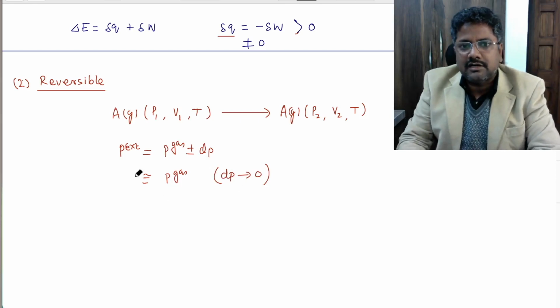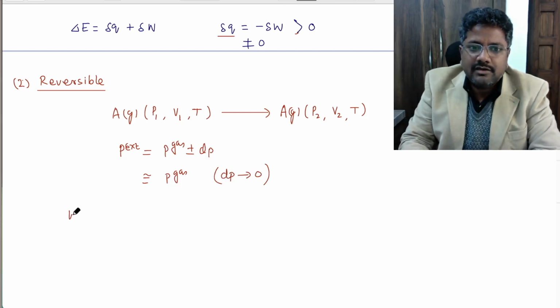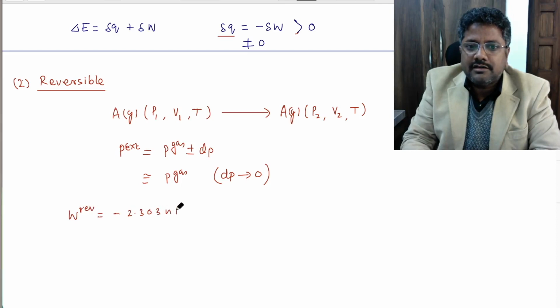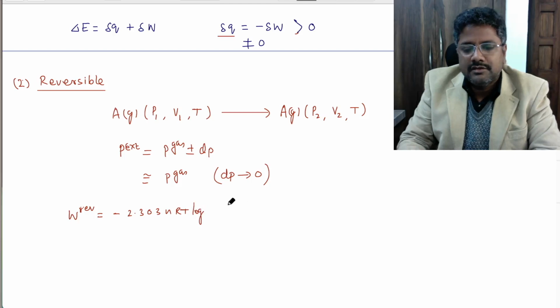So all of you know how to calculate the work, so I am directly writing the formula. W reversible is equal to minus 2.303 nRT log V2 by V1, right?